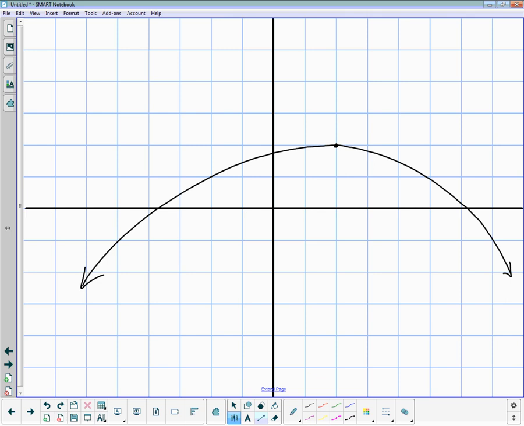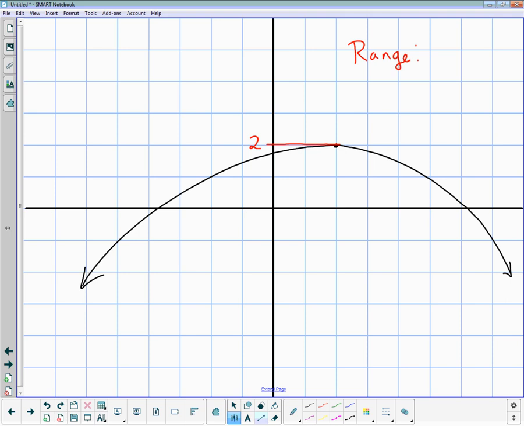Before we talk about domain, what's the maximum y value? You see it? The top of this graph has a height of 2. Right here. Now, what would be the minimum value?